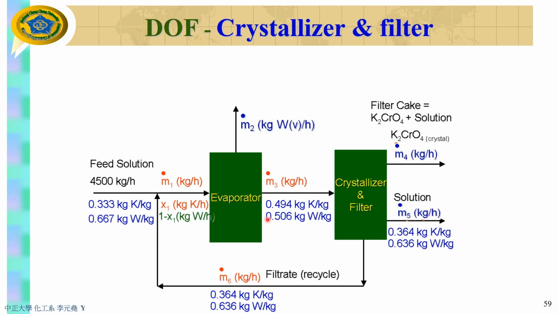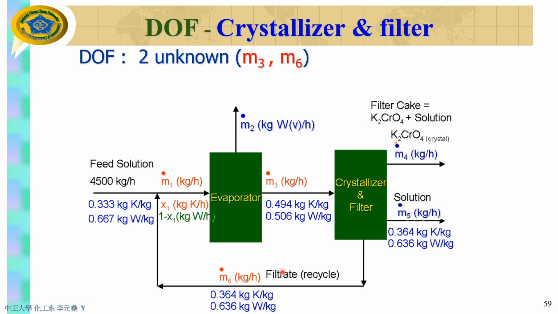Okay, so you finish this, let's go to the crystallizer and filter. How many input streams? 1 input stream, and how many output streams? 3 output streams, right? How many unknowns outside the box? 1, 2: M3 and M6.